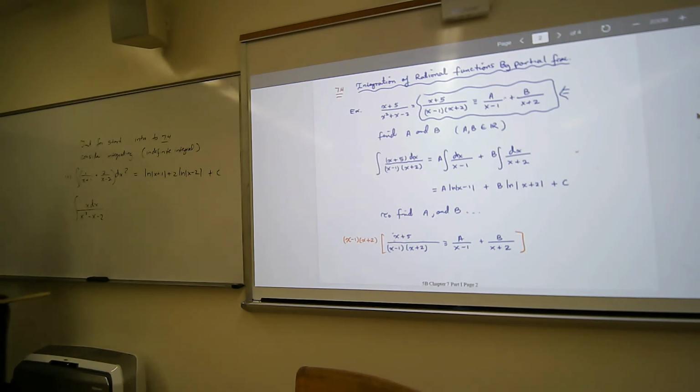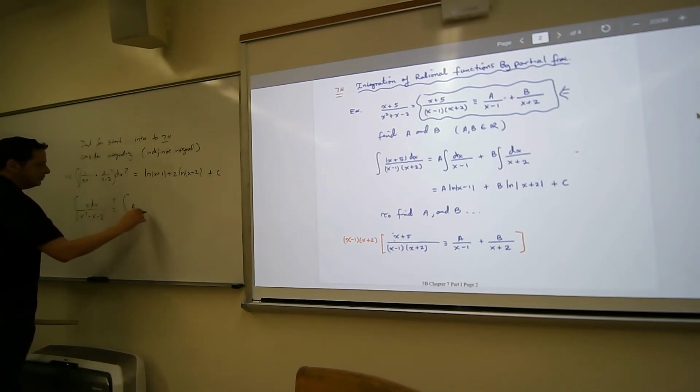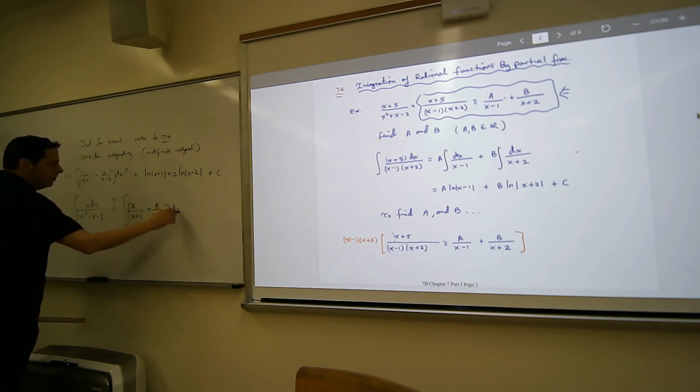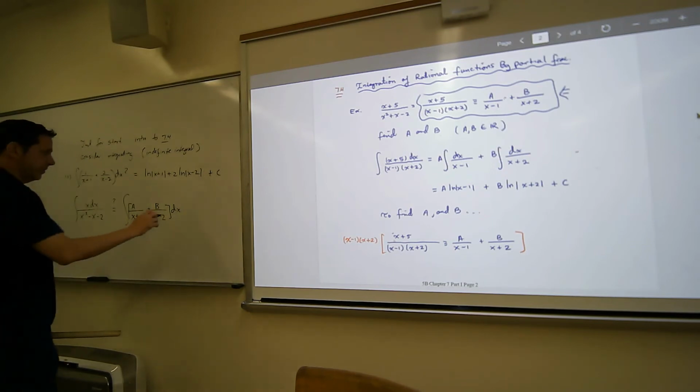And they factor that and notice that's x plus 1 times x minus 2. So then they ask the question, can I write it this way? If I could just find constants A and B.